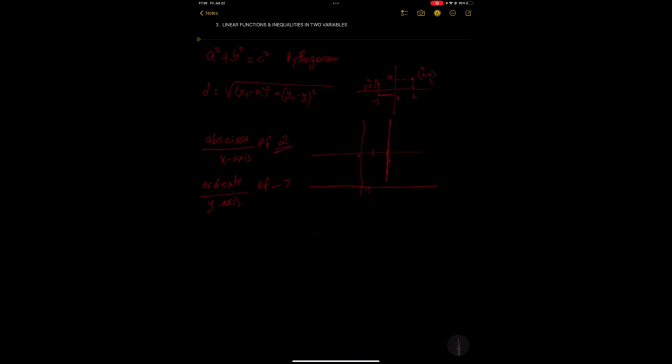Don't forget, guys, the word abscissa and the word ordinate are basically used for the x and the y axis. So if you don't know the terms for these words, I can guarantee you, if they just give you something like that on a test and you don't know, then you're going to be in trouble.